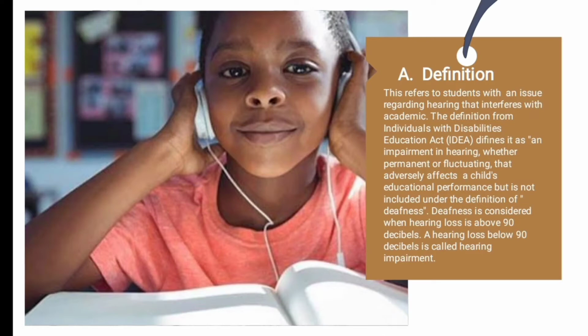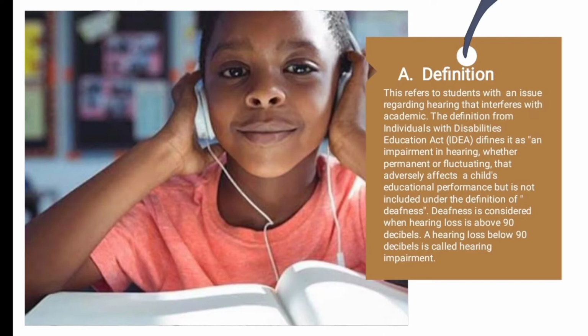So, ang learners with difficulty hearing nag-refer sa students nga naay problema sa ilang pandungog na maoy makaapekto sa ilang pag-eskwela. So, according sa Individuals with Disabilities Education Act or IDEA, they define it as impairment in hearing o kapansanan sa pandungog, bisan pa o permanente or pautro-utro, basta nakita na nakaapekto sa pag-eskwela sa usa ka bata.